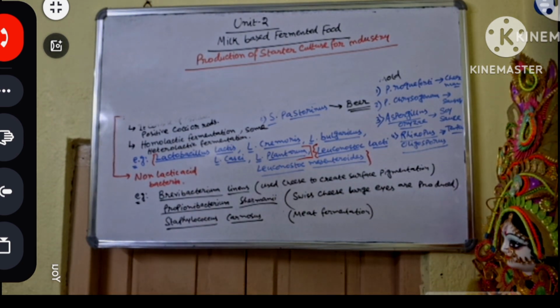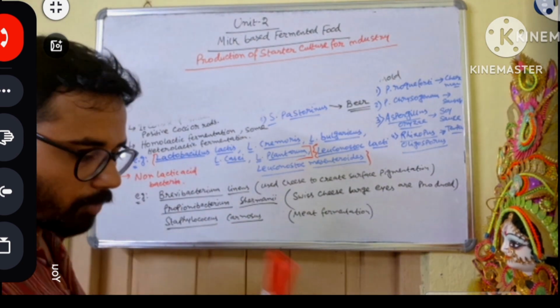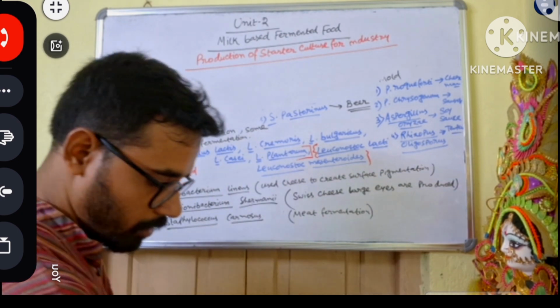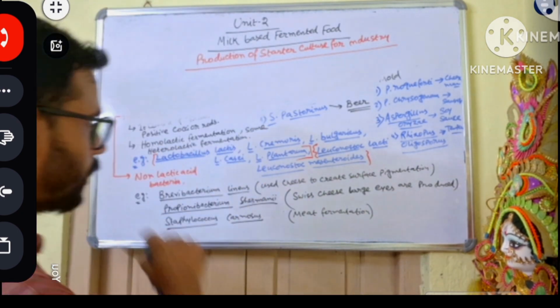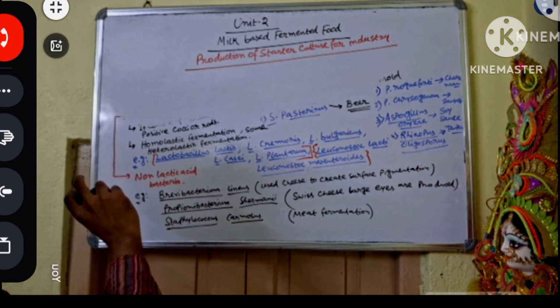Clearly, in the example, a starter culture may contain one or two or six microbes. So how is this group of microbes created?